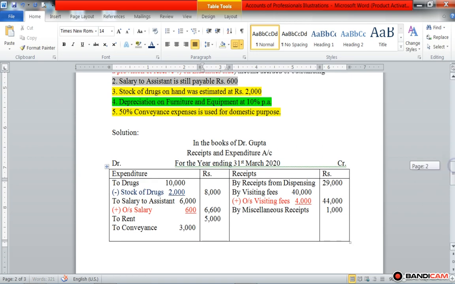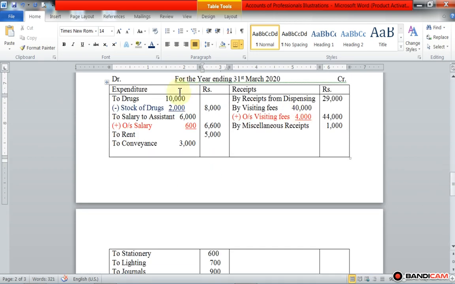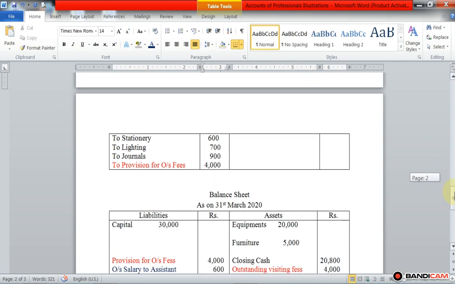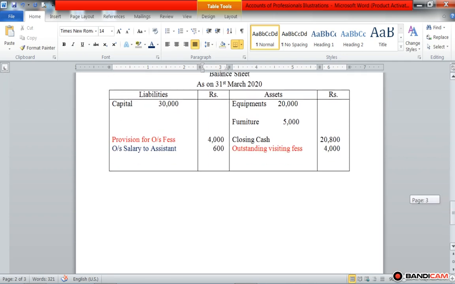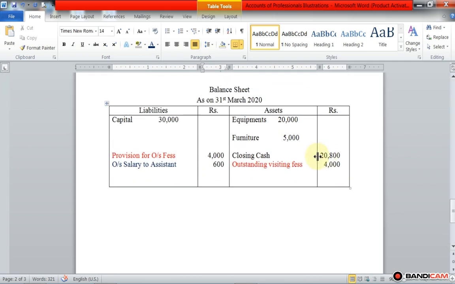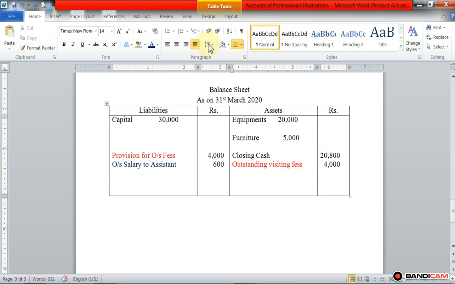Then the second effect. It is a stock, a current asset, so it is transferred to the asset side of the balance sheet. Closing stock of drugs, amounted to rupees 2000.